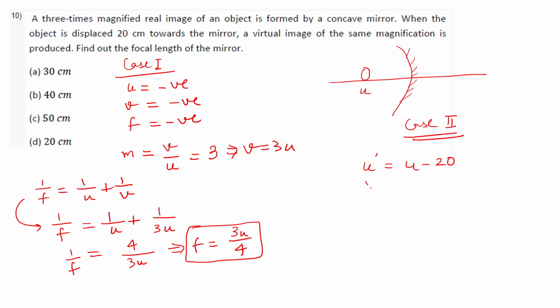This time I am getting a virtual image. That means the image will be formed on this side somewhere. So by sign convention it will be negative. Object is anyway negative because it's on this side, and focal length is negative.